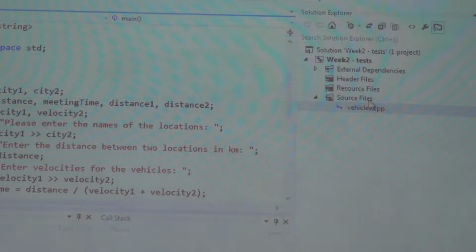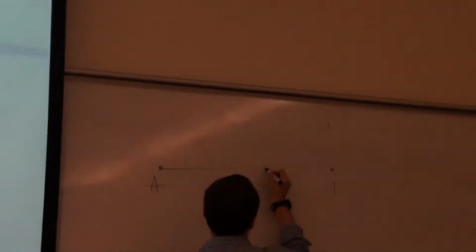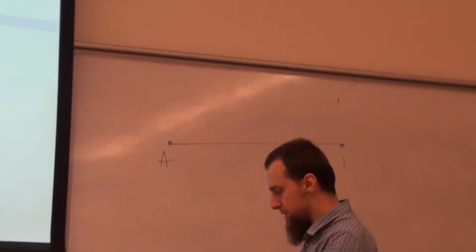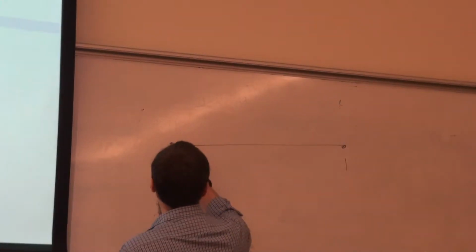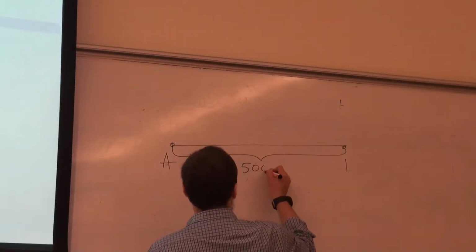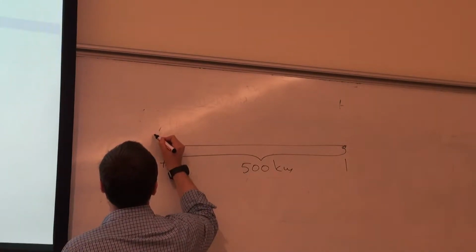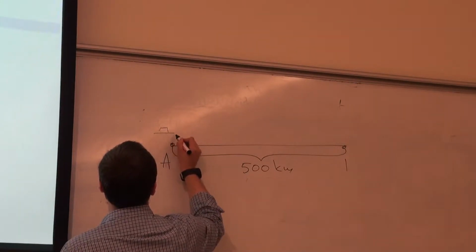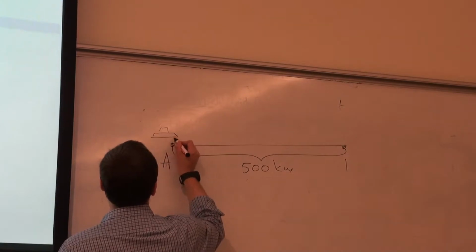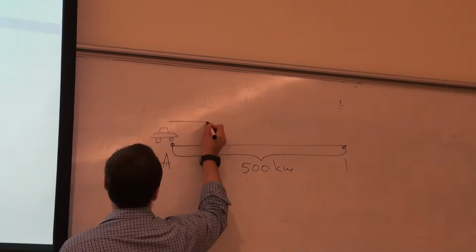So this is Ankara and this is Istanbul. The distance between them is 500 kilometers. There's a car. Yeah, I know that I'm not a good driver.